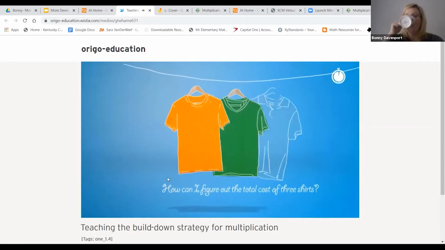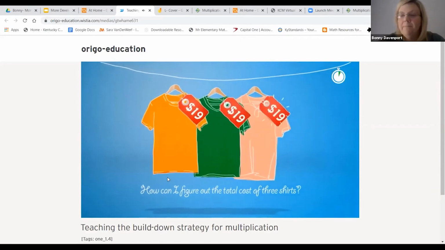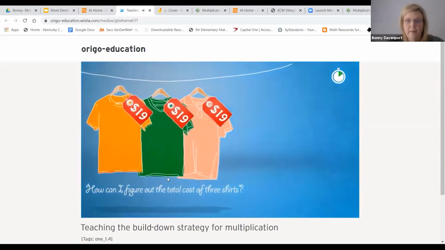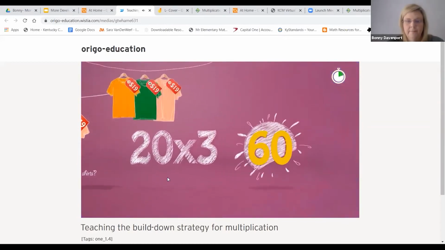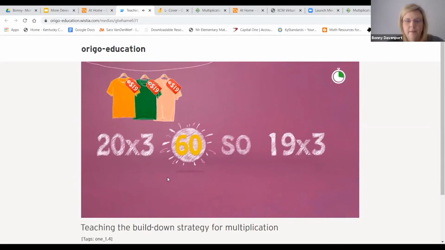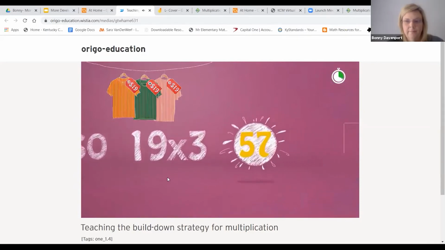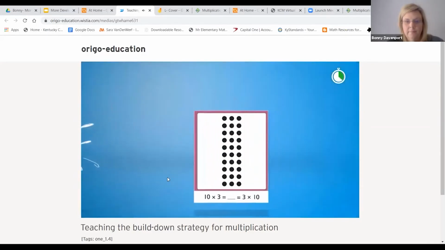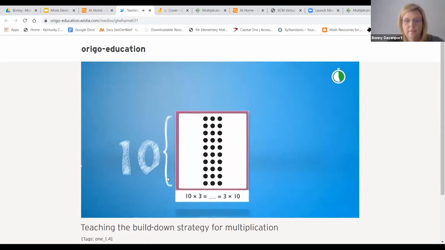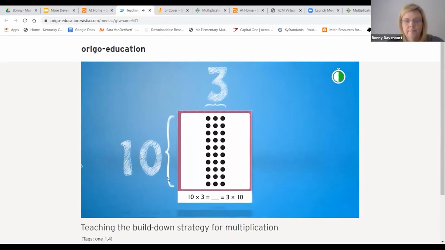How can I figure out the total cost of 3 shirts? Try building down from a fact you already know. Okay, I know 20 by 3 is 60, which means 19 by 3 is just 3 less. The total cost must be $57. That's right. Try using a card like this to give your students a picture of the quantity. Tell me what you see. I can see 10 threes and 3 tens.